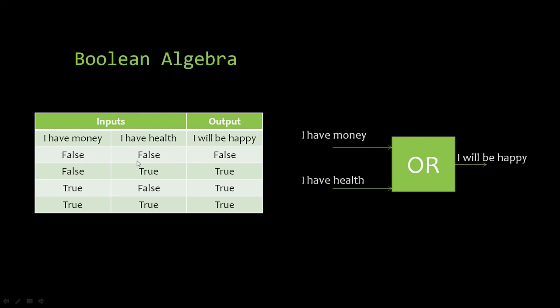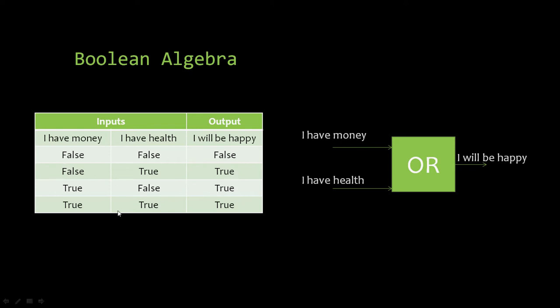The two inputs are false. If the two inputs are false, the output is false, because as I said before, in the OR, at least one of the input events has to be true in order for the output to be true, which happens in the second and third rows. One of them is true and the other one is false, so we're going to have a true in the output.